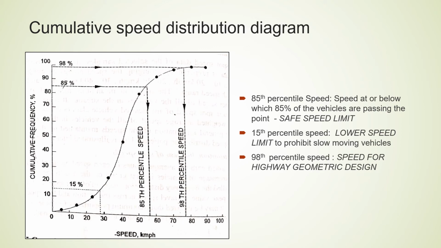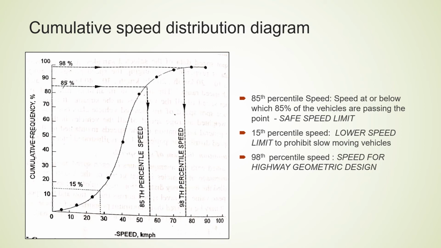The 85th percentile speed is the speed at or below which 85% of the vehicles are passing the point of the spot speed where you conducted the study. Or you can say that only 15% of vehicles exceed that particular speed at that spot.